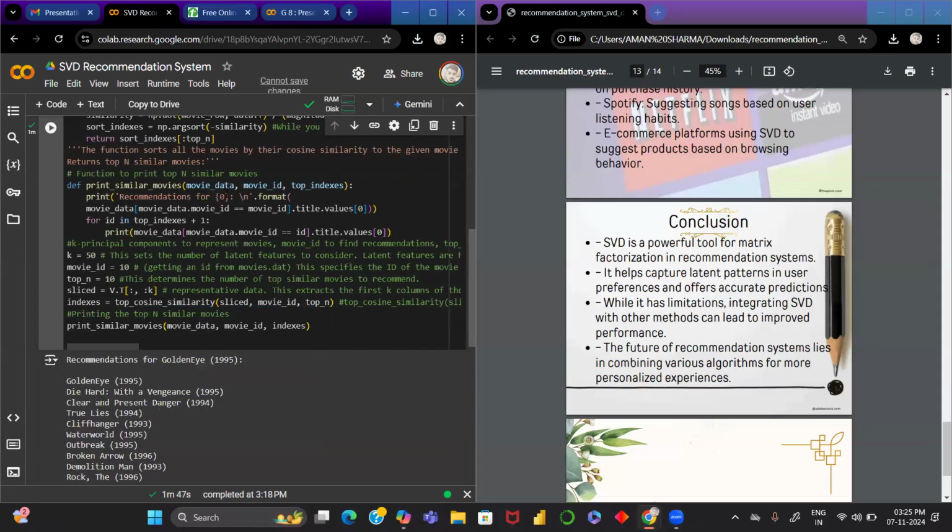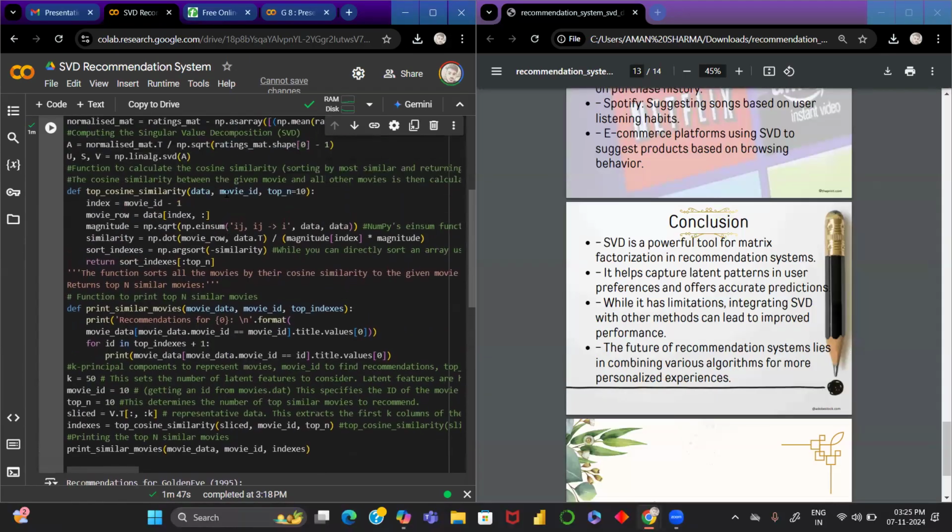So can you explain this line? Okay, data, API. Your title dot value is 0. Why is value 0 needed? Initial condition.